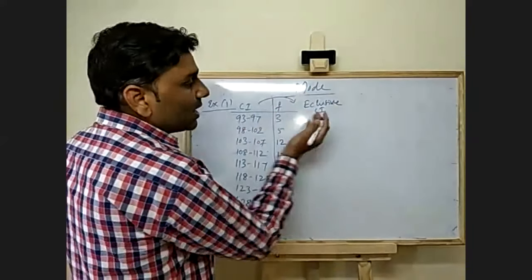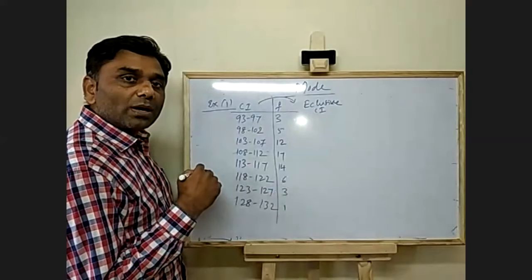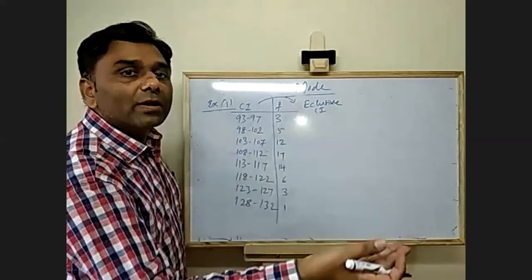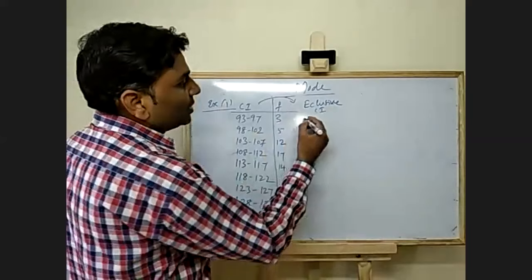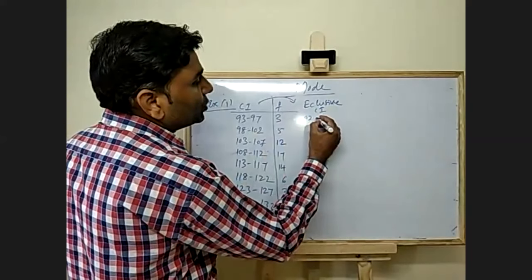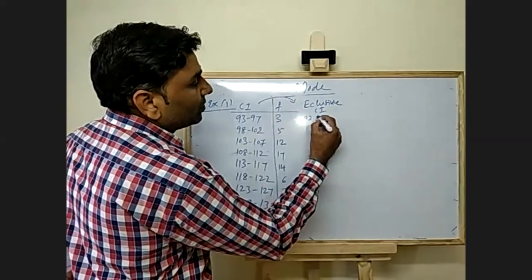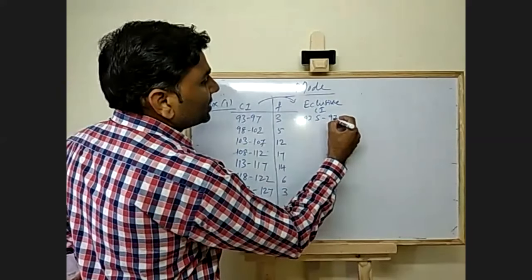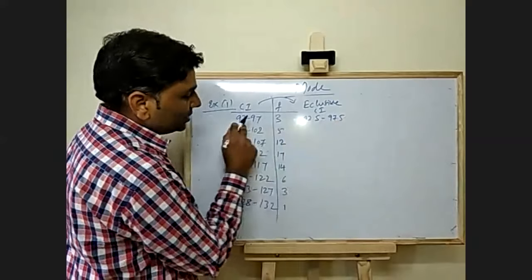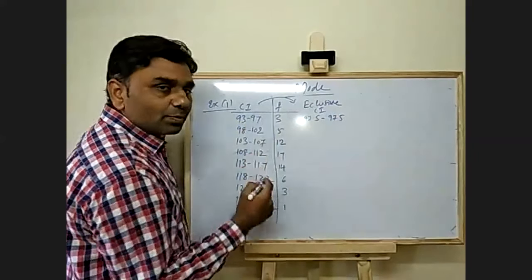How to convert? Reduce 0.5 from the lower class limit and increase 0.5 to the higher class limit. So 93 reduced by 0.5 is 92.5, and 97 increased by 0.5 is 97.5.